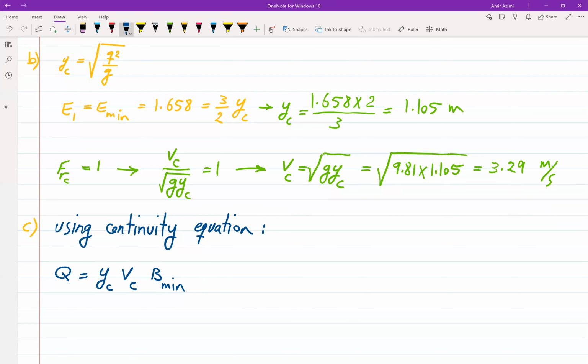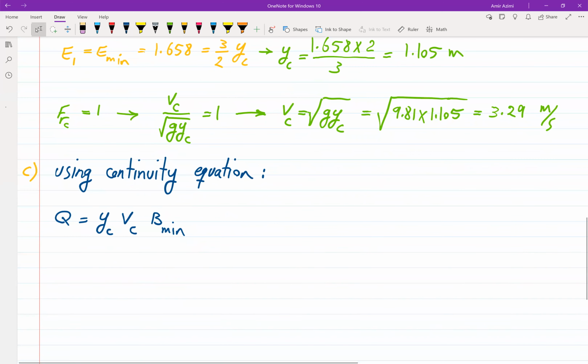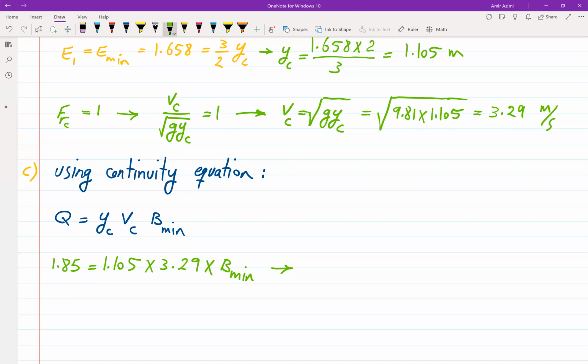You'd like to know that with the given energy budget at section 1, what would be the critical depth, and then once you have the critical depth, you can calculate critical velocity, and that gives you the minimum width. So I have 1.85 equal to 1.105 multiplied by 3.29 multiplied by B minimum. One equation, one unknown.